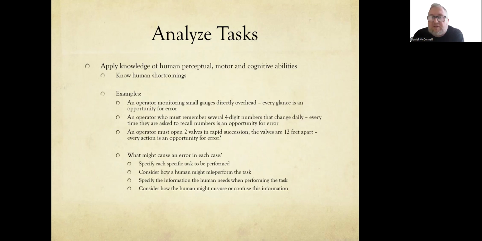So there's another issue here. It's not just the act of looking, an act of commission that involves misreading the gauge, but an act of omission or a time error, right? So the act of omission is simply not looking at the dial because you just don't want to, because it's too much of a strain on your neck, or you're not checking often enough, which might be a time error.